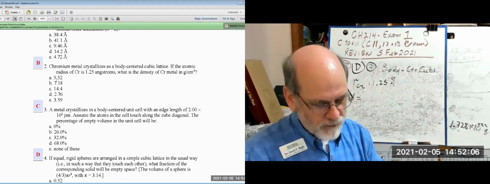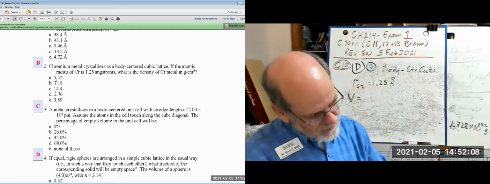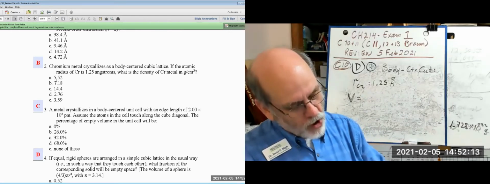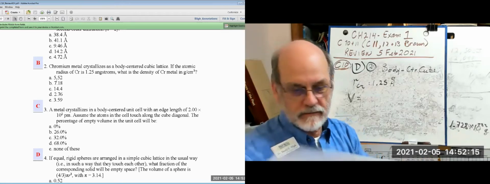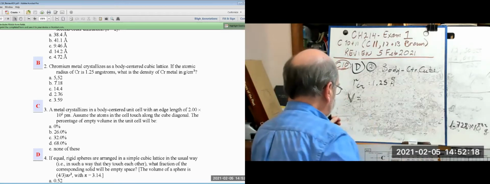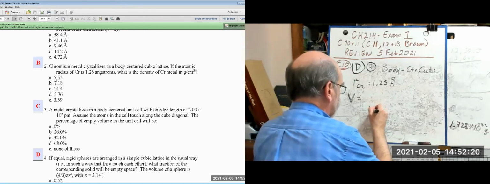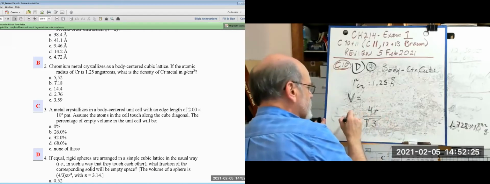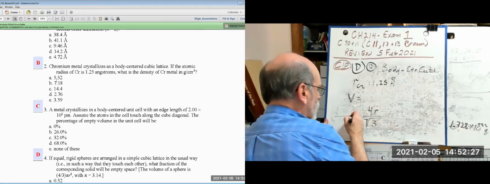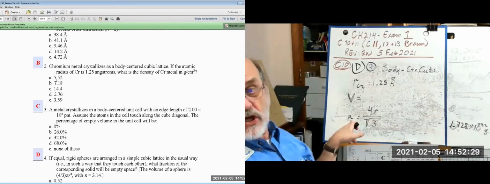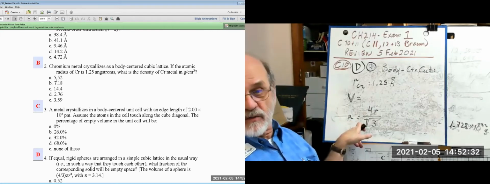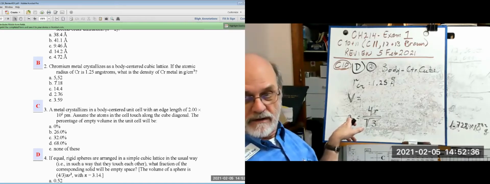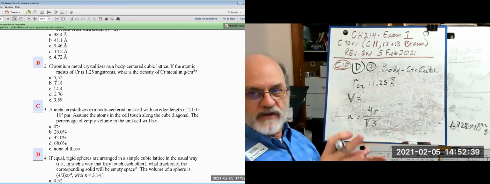The formula for a body-centered cube is, well, the edge on the cube is 4r divided by square root of 3. And this is the one edge of the cube, right? So the volume would just be, once we find that edge, a cubed, right? Because the volume of a cube is one side cubed.